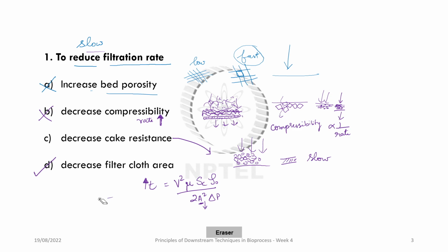Does decreasing cake resistance improve filtration rate? If you are resisting the flow through, on one side it is going to keep filtration easier, but on the other side the cake thickness will also increase with increase in resistance, right?